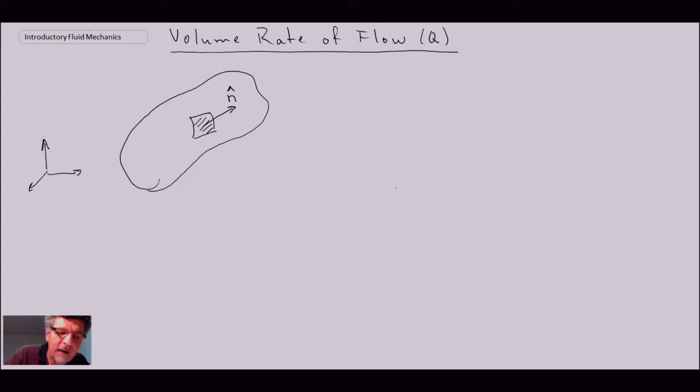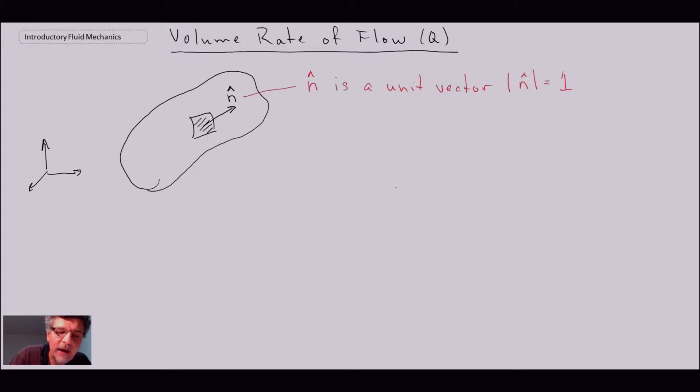So that's n with a hat to denote the fact that that is a unit vector. And if you recall, if it is a unit vector and we take the magnitude of a unit vector, that will be equal to 1. So there we have a unit vector. It is normal to the surface.